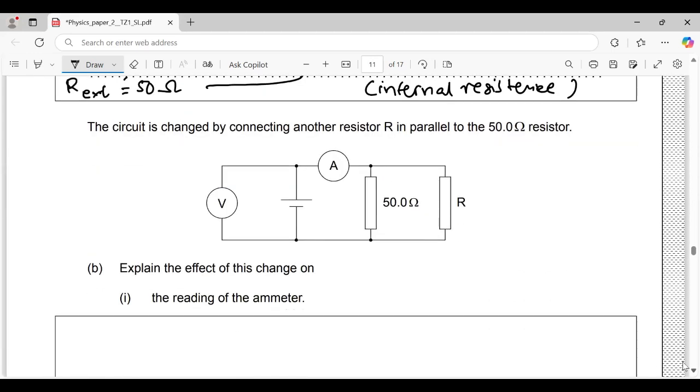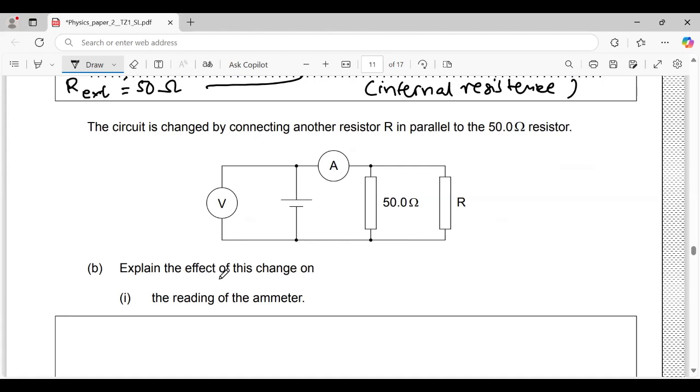Next, the circuit is changed by connecting another resistor in parallel. Okay, so attach another resistor, this one, in parallel to the 50 ohm resistor.